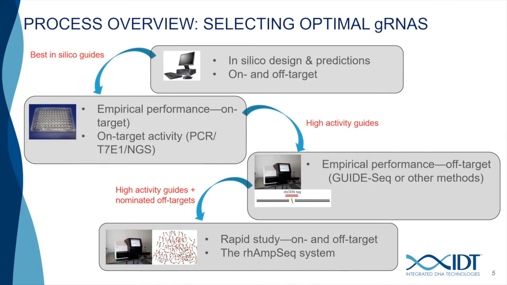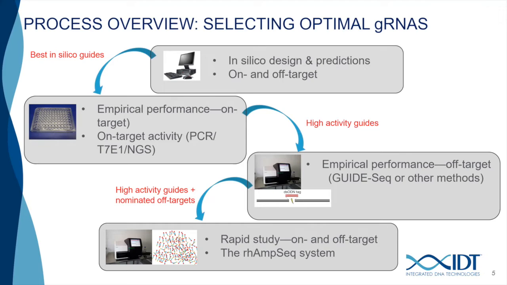So it's very important to select optimal guide RNAs and to be able to assess what the effects of these guide RNAs are, both in terms of how efficient the guide RNA is, as well as whether any off-target editing is happening. There are many in silico prediction tools out there that help you design your guide RNAs and can do some predictions for whether there is a risk of off-target editing.